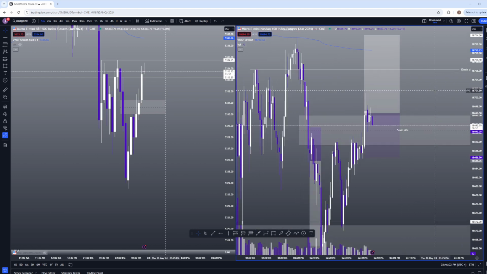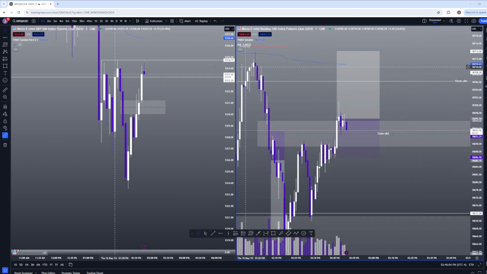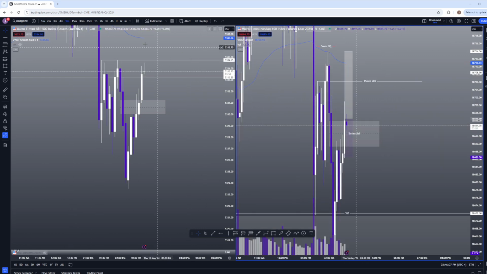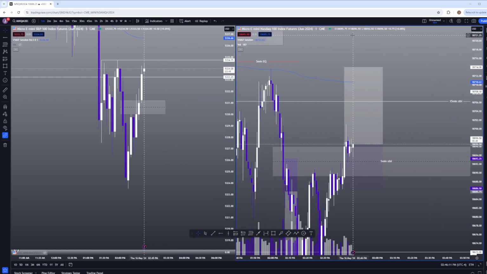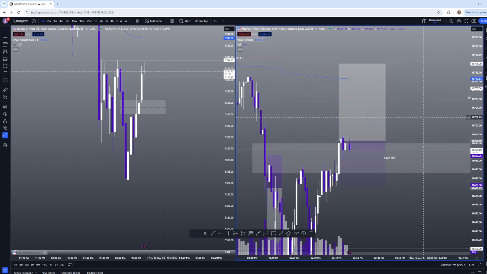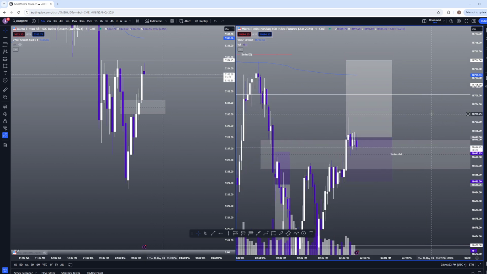No follow through just yet. Come on now. I'm thinking about adding to a full if this candle can pump, but not until that happens. I'm not going to add into a losing position.